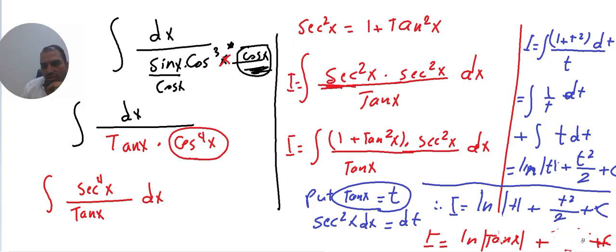Okay, understood? I will write the answer again: t equals tan x, and t power 2 is tan power 2 of x divided by 2. That is the answer to this question.